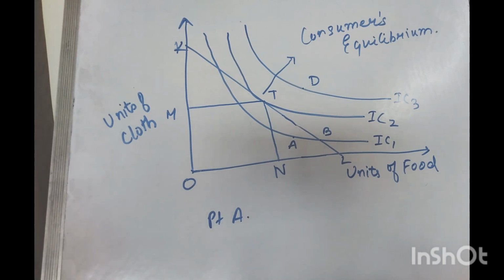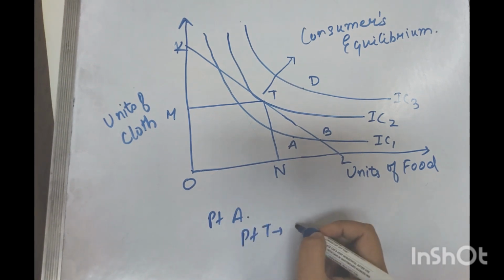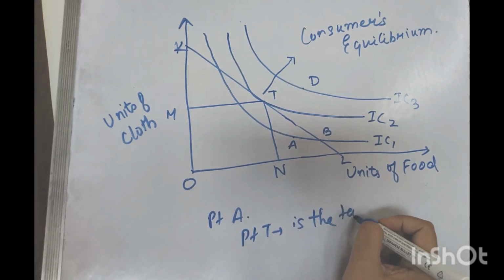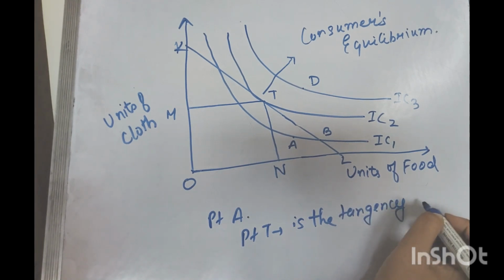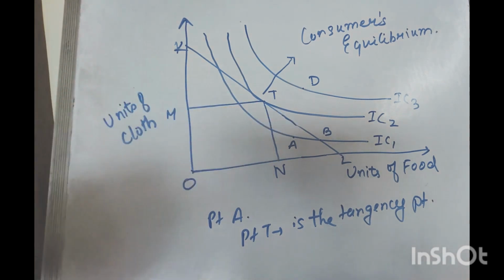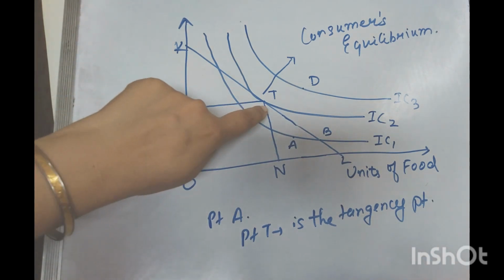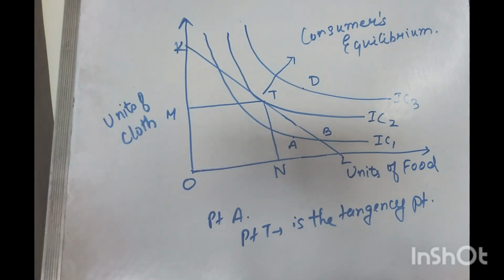But what we can see is the tangency point. Point T is the tangency point. The tangency point is where the budget line touches the indifference curve. At this point, it lies on the higher indifference curve, and it is also subject to the budget constraint.